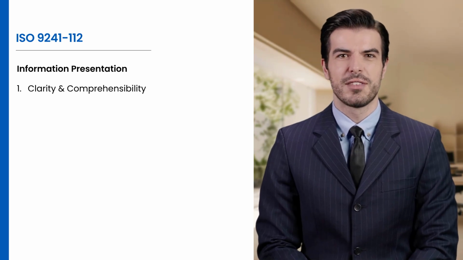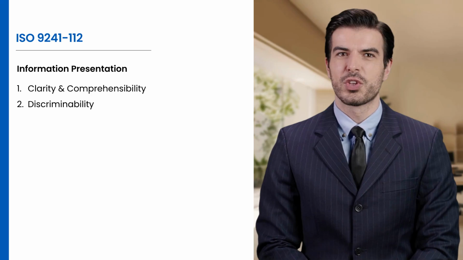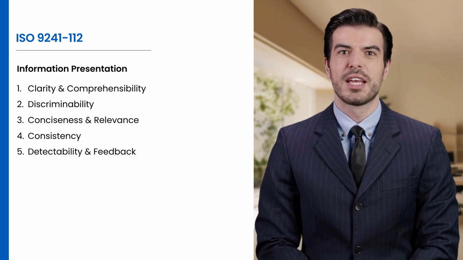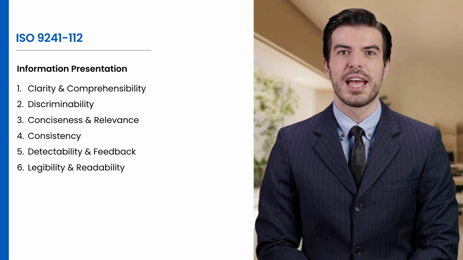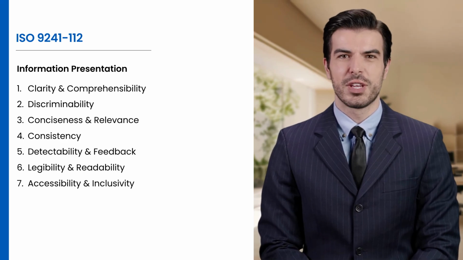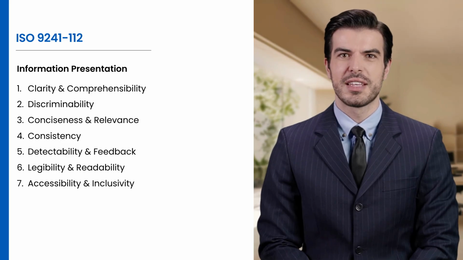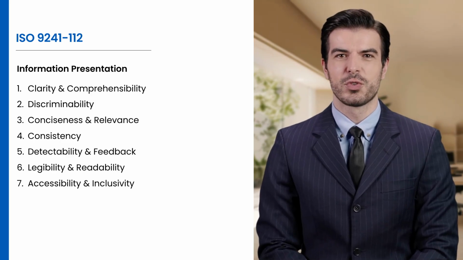It includes clarity and comprehensibility, discriminability, conciseness and relevance, consistency, detectability and feedback, legibility and readability, and accessibility and inclusivity. These ensure users can quickly perceive, process, and act on information without confusion.